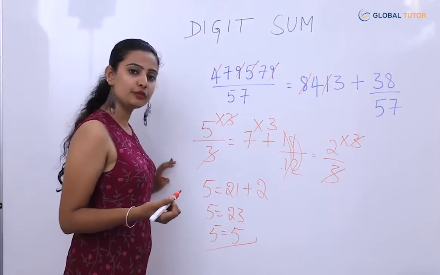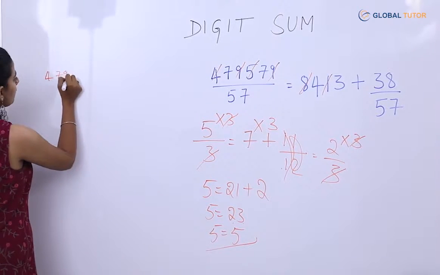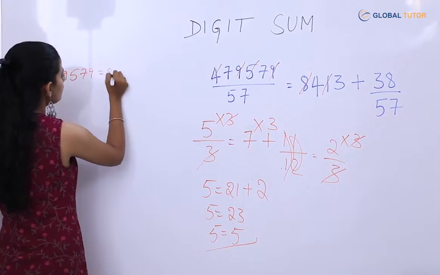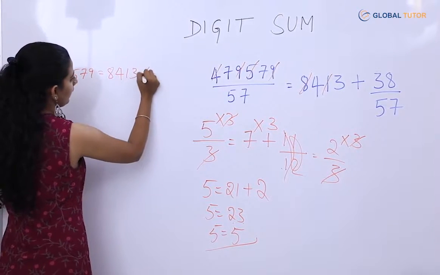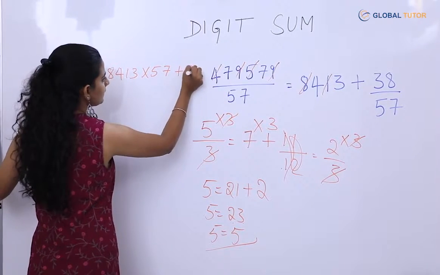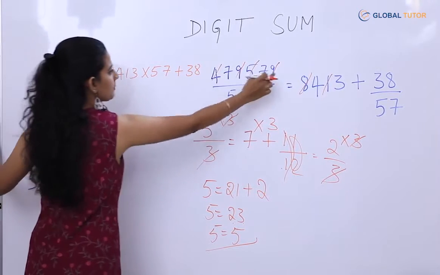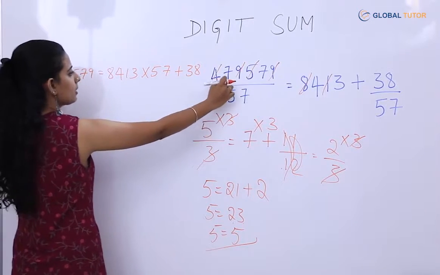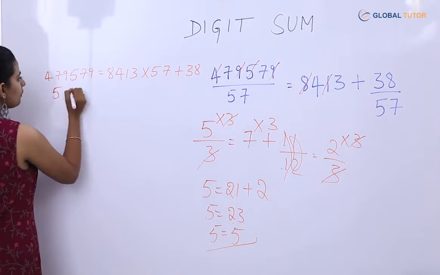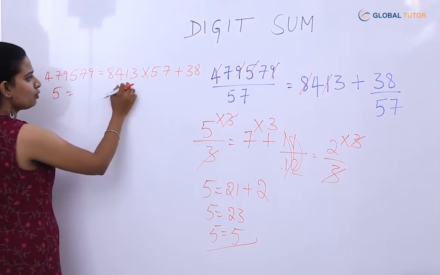Now there is another way of doing this where you write 479579 is equal to 8413 into 57 plus 38. So what is the digit sum for this? It will be the same as this because we have taken the same number. So 7 plus 7 is 14, 1 plus 4 is 5. 5 is equal to, here also it's the same digits, 8413.